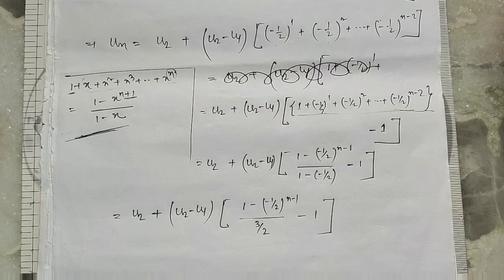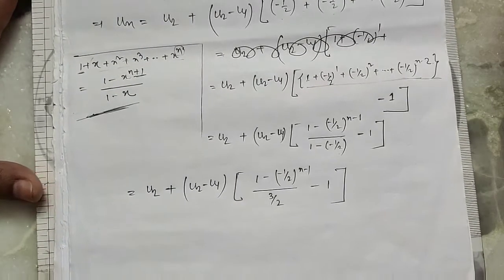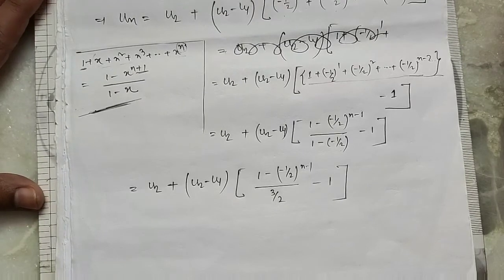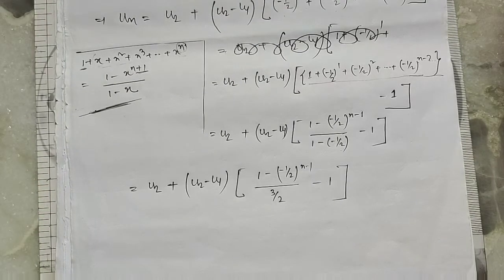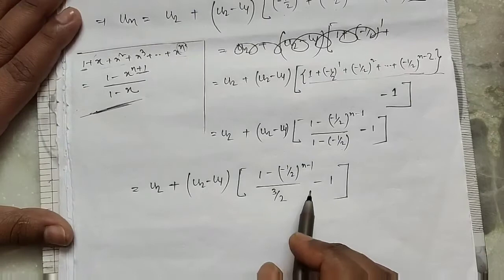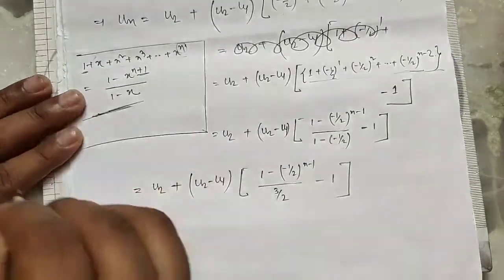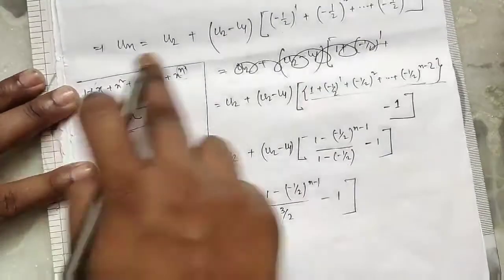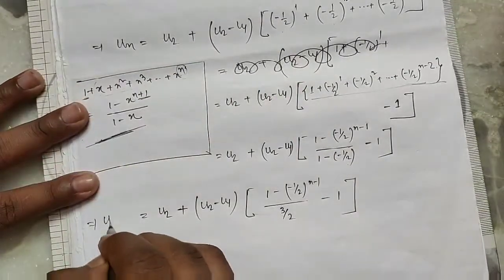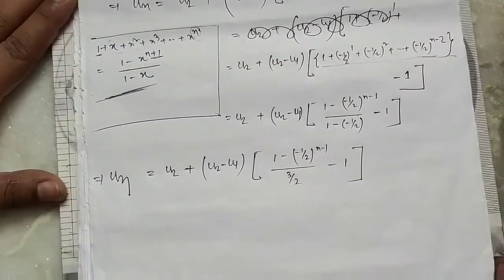Okay, clear? So now, this is un equal to this. Okay, un equal to this, so this implies un equals this.